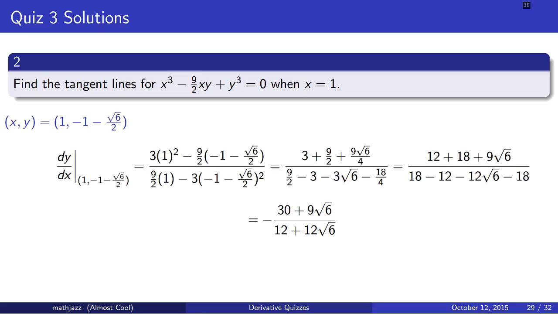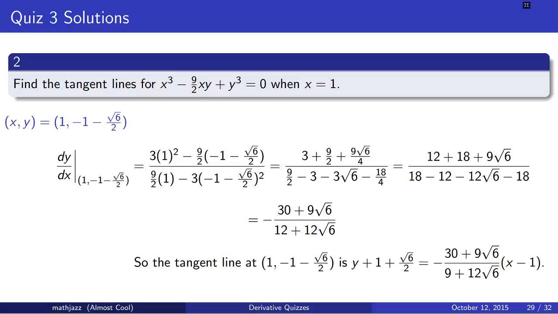And our third point. This time we're plugging the point 1, -1 minus square root of 6 over 2 into our derivative. We get -30 plus 9 square root of 6 over 12 plus 12 square root of 6. This is the slope of the tangent line. We plug it and the point into our point-slope form.